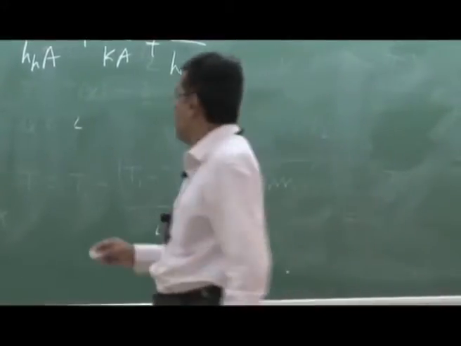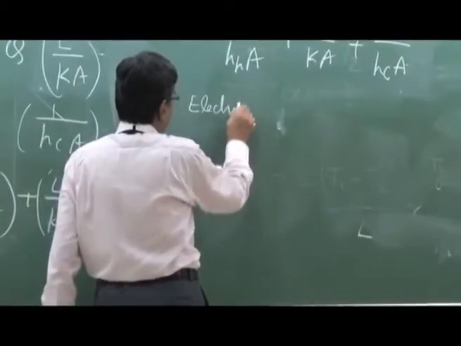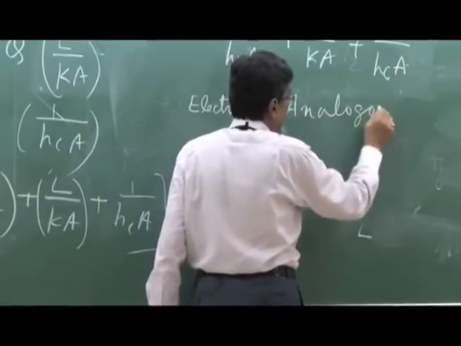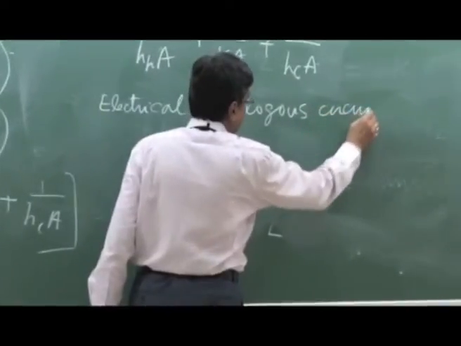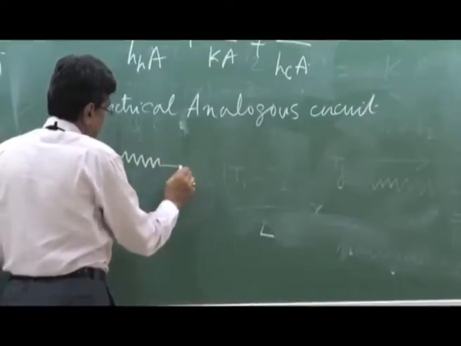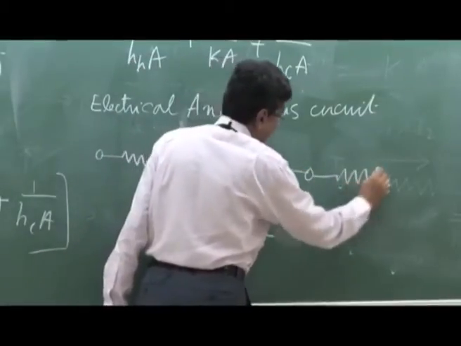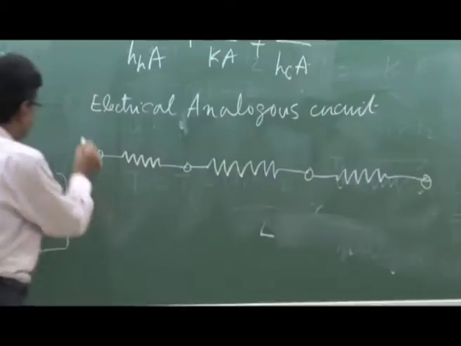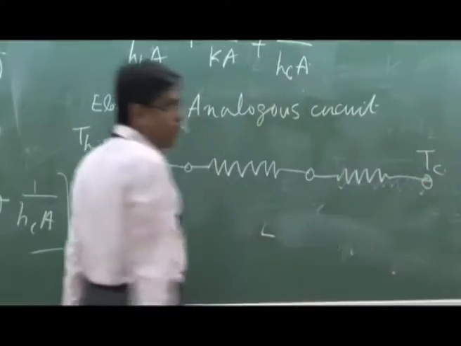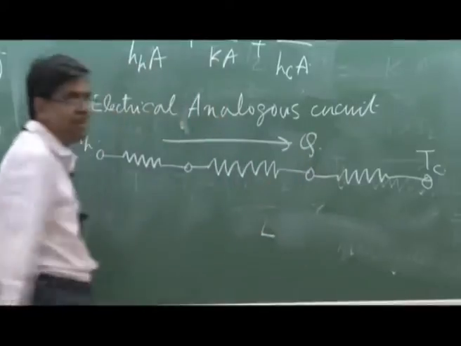So this can be well represented by an electrical analogous circuit like this. There are three resistances in series and the extreme potentials are TH and TC, hot gas temperature and cold gas temperature, with the same heat flow. That means it is a series resistance problem.